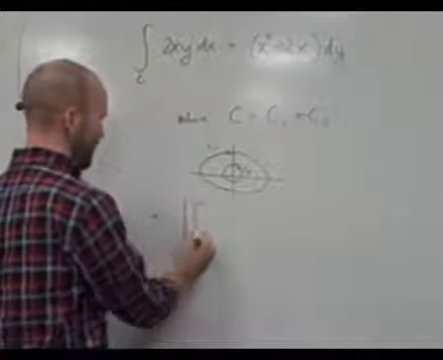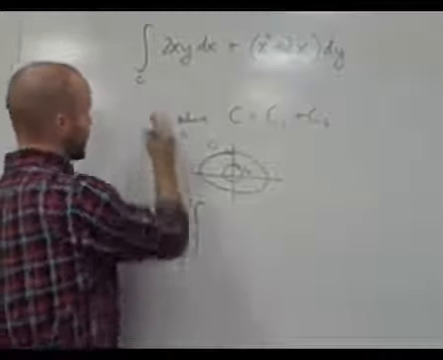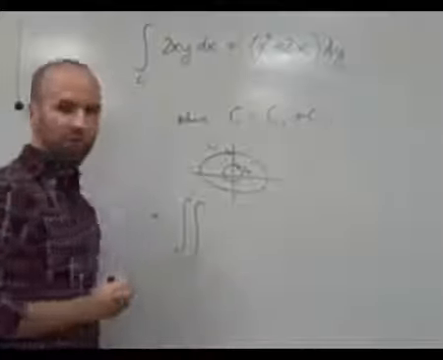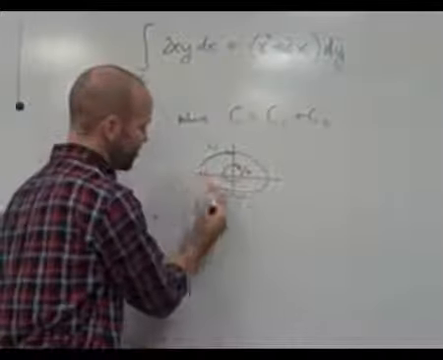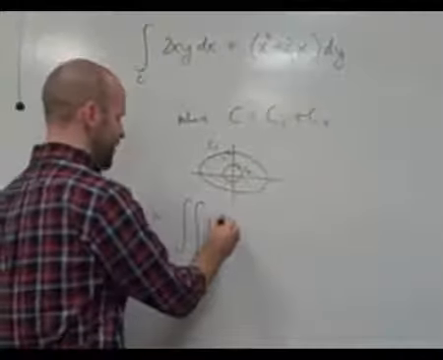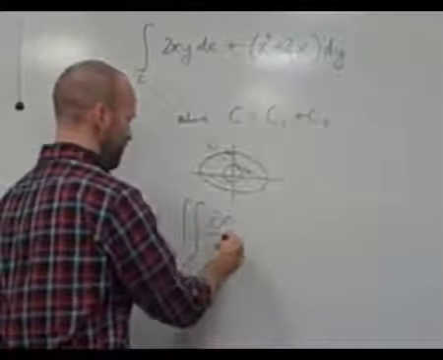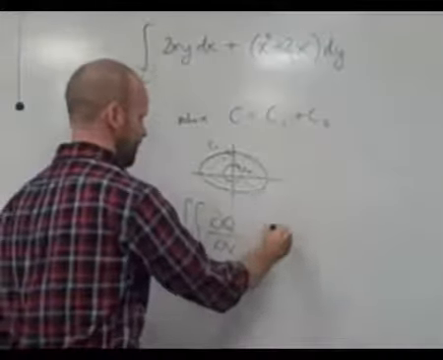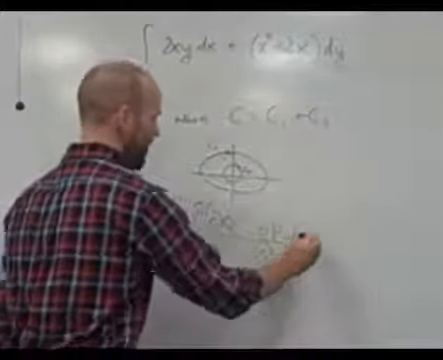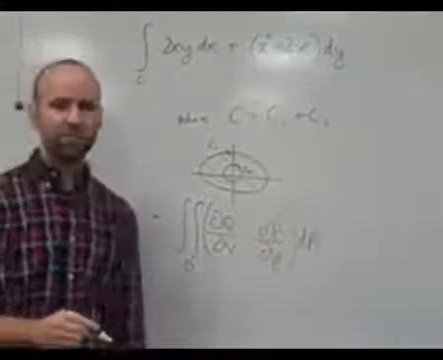So when I do that, instead of the line integral over curve C, I've got the double integral over region D, which is just this region inside, of the partial of Q with respect to x minus the partial of P with respect to y. And I'm integrating with respect to the area of this region.